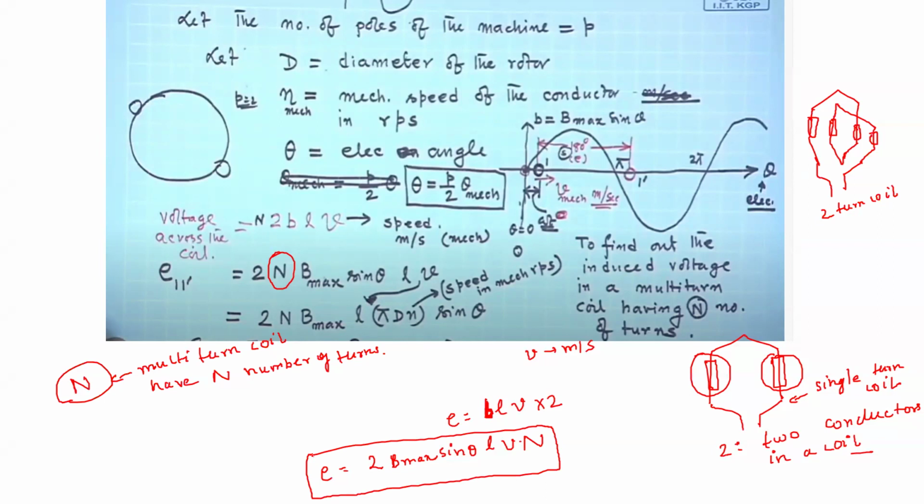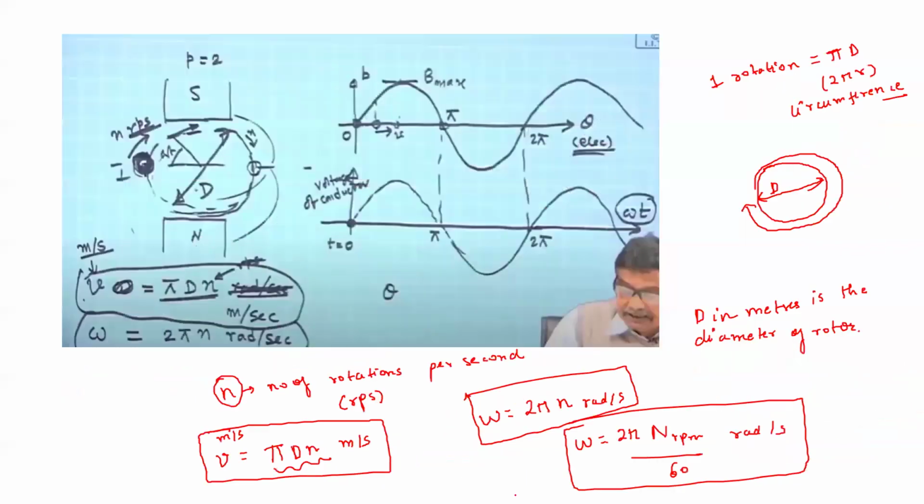This is the basic expression of EMF. Here V is in meter per second. But generally the information of speed will not be given in meter per second. It will be given either in radian per second, RPM or RPS, most generally RPM or RPS.